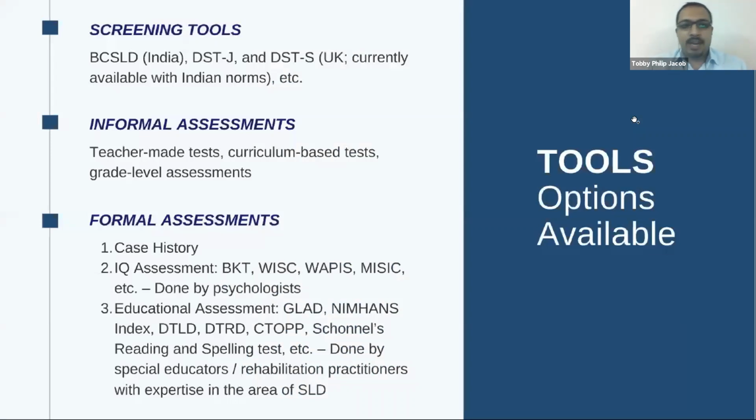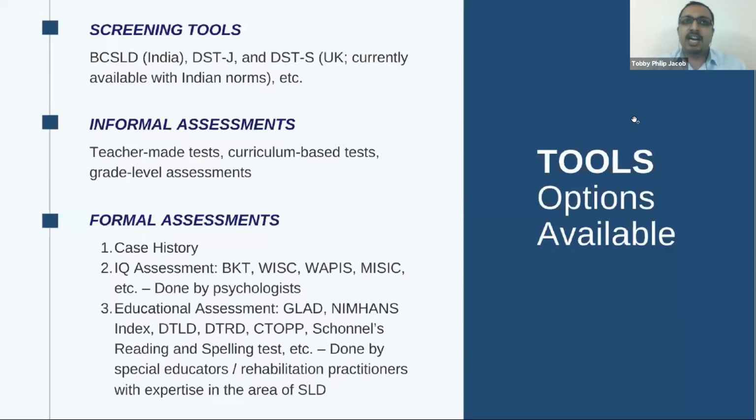The commonly used screening tools in India include the BCSLD, the Behavior Checklist for the Screening of Learning Disabled. One made in the UK is the DSTJ, Dyslexia Screening Test Junior. Next is the DSTS, which is not senior but secondary, Dyslexia Screening Test Secondary.